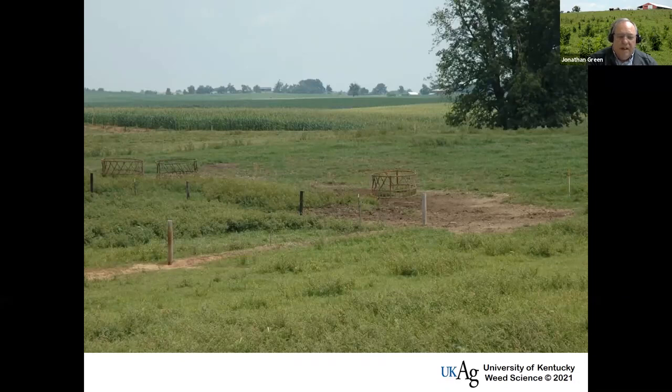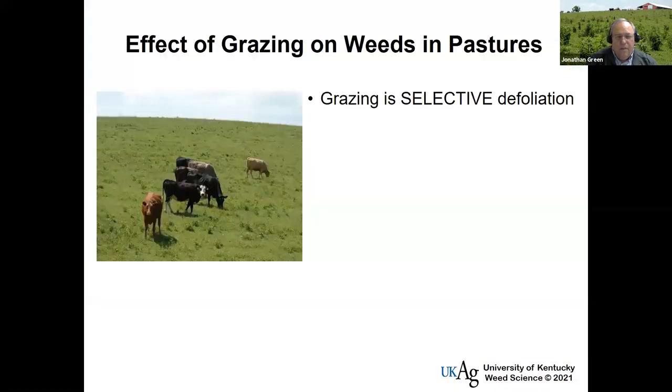These are areas that get a lot of foot traffic, a lot of open bare spots, and what's going to grow in those open bare spots? Oftentimes they're going to be occupied by weeds, particularly annual weeds, or even some perennial weeds that begin to get a foothold into those areas and become much more problematic. Whereas where we have a field that has a good stand of desirable grasses, it's less so.